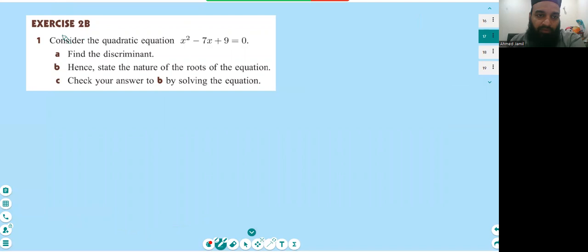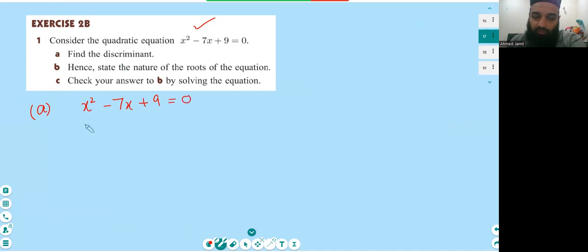So in the exercise, we have exercise 2b. In this exercise, question number 1 is: consider the quadratic equation, find the discriminant. The quadratic equation we have is x squared minus 7x plus 9 equal to 0.